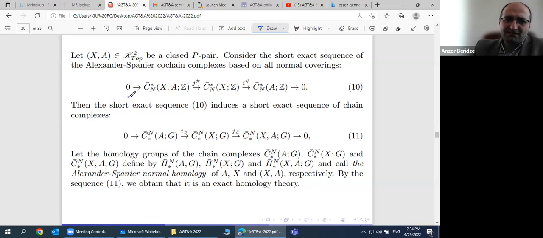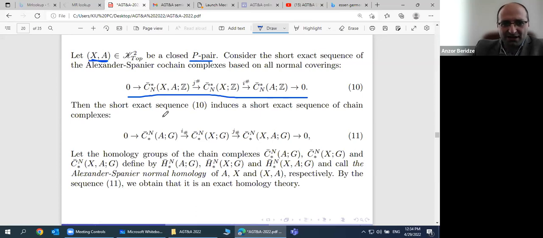We can consider the short exact sequence of cochain complexes of a pair of any topological spaces, but such A must be P-embedded. This is a well-known restriction. We need this restriction, but we don't have a restriction on X.